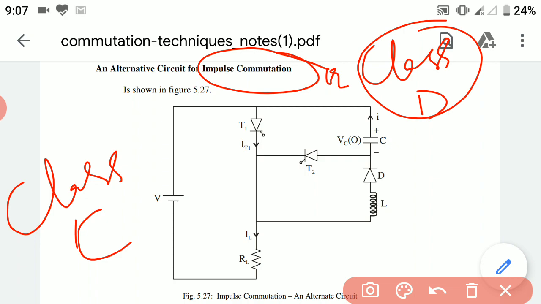Because in both these techniques we are using a capacitor which is parallel to the two thyristors that we are using, that is thyristor T1 and T2. A parallel capacitor is actually used in both these techniques, so these are somewhat similar.